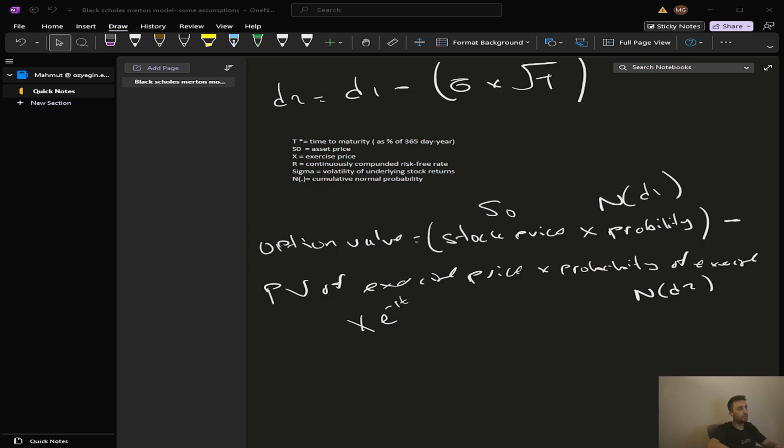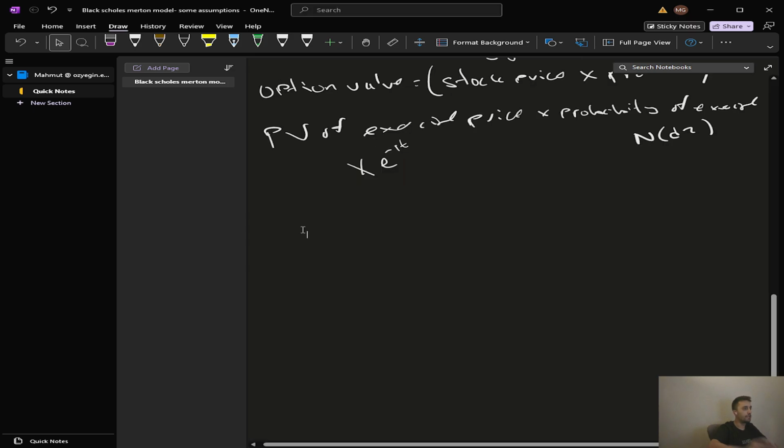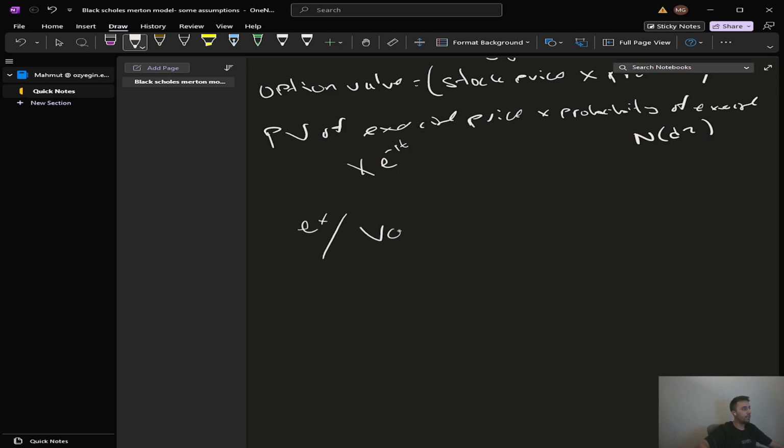So I can give you some example about this. I can calculate the Black-Scholes model. Maybe it's not so scary, it's really easy to implement. Example here: vanilla option. The risk-free rate pays 5%, continuously compounded, and the volatility is 30%.